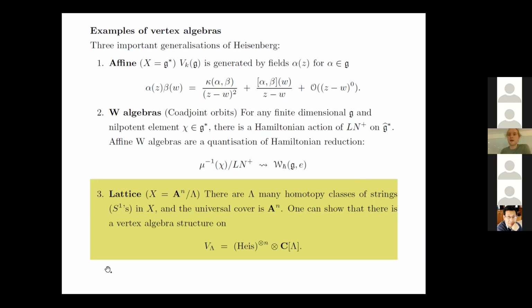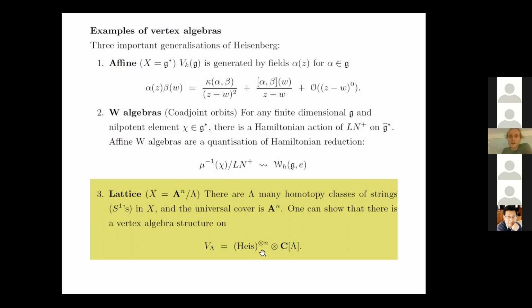Yes, that's right. So lattice vertex algebra is a bit like the Heisenberg vertex algebra, but the underlying space you're considering is the torus. As a vector space, you take the Heisenberg vertex algebra, take the n-fold tensor product of it, which is itself a vertex algebra, and then you tensor with the group algebra of the lattice lambda.